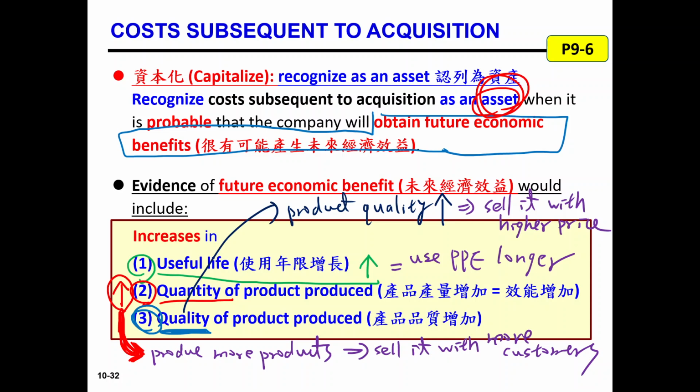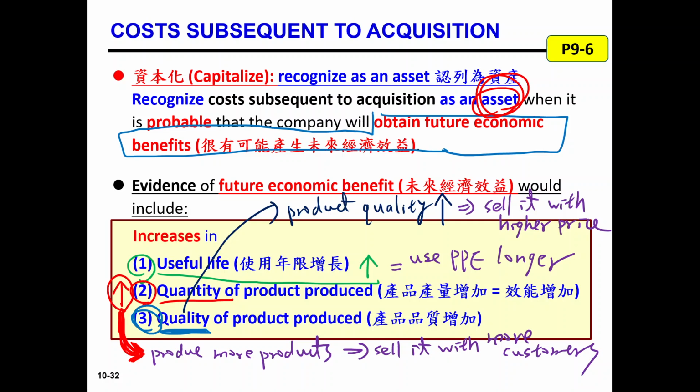Okay, so there are a few indicators for you to figure out whether the money I spent can bring you future economic benefit or not. If your PPE's useful life increases, you can use your PPE longer.